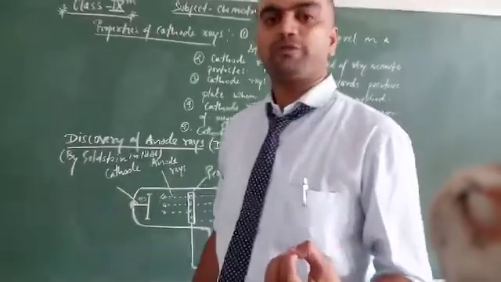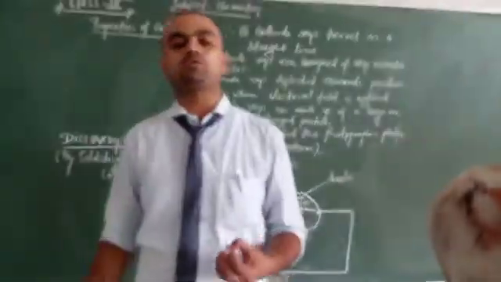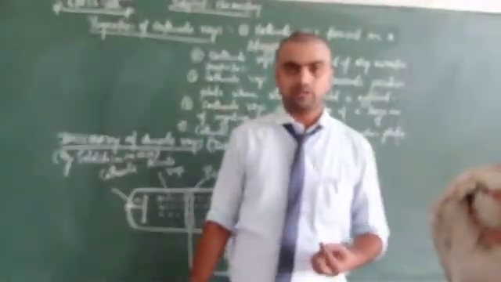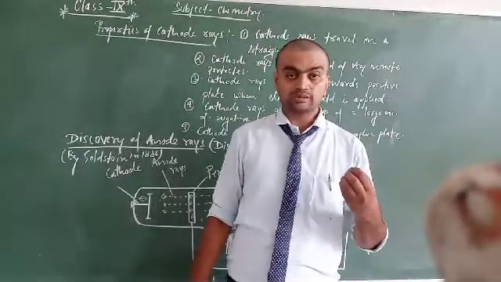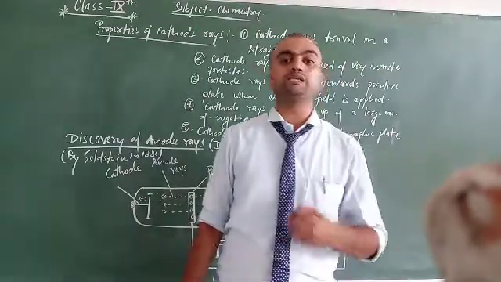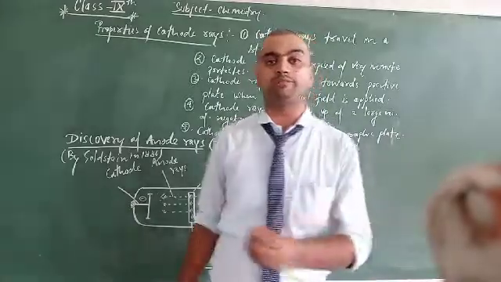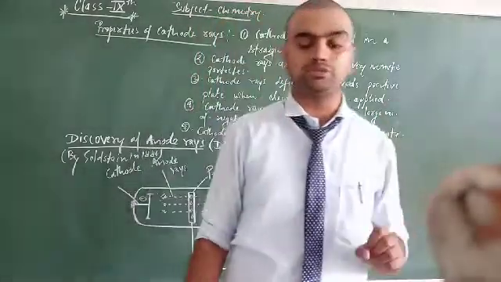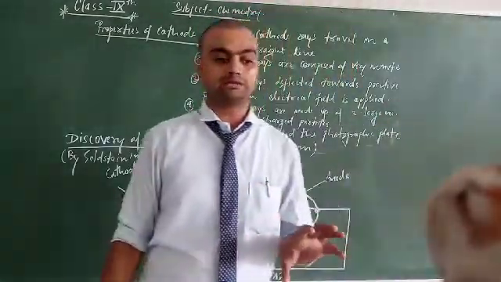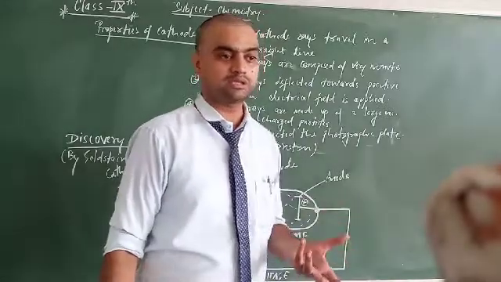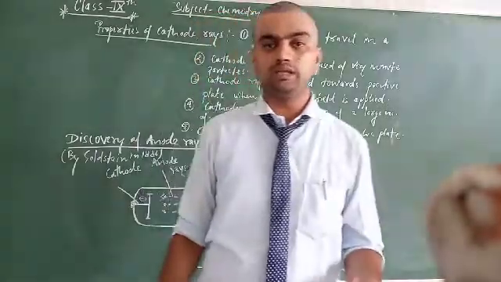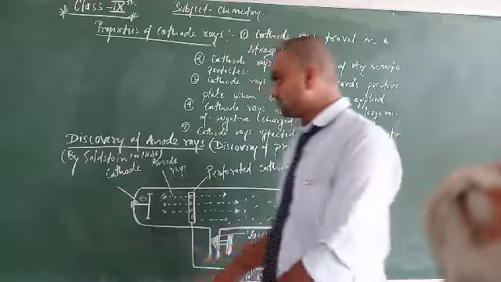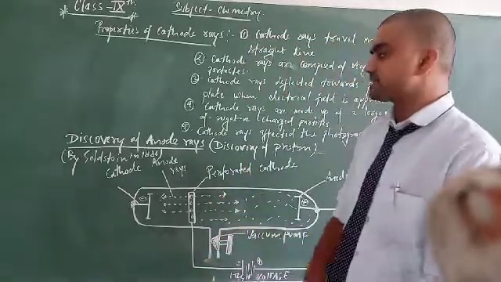This was the time of 1886. The scientist's name was Goldstein. Clear? He suggested the existence of a new type of particle inside the discharge tube. No scientist before had suggested this type of new particles. Clear? So the name was Goldstein.